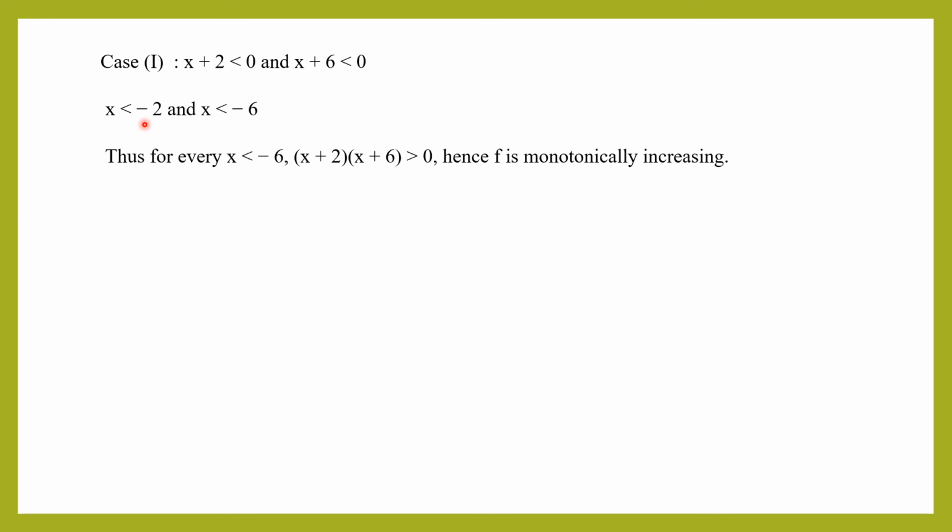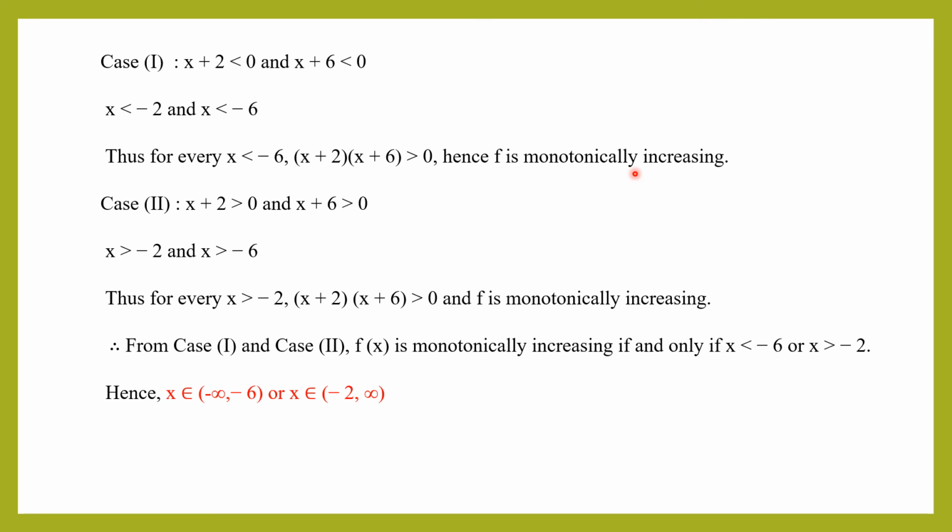This implies x is less than minus 2 and x is less than minus 6. Here it is minus infinity to minus 2 and minus infinity to minus 6. Both conditions are satisfied by x less than minus 6. x plus 2 into x plus 6 is greater than 0, hence f is monotonically increasing.